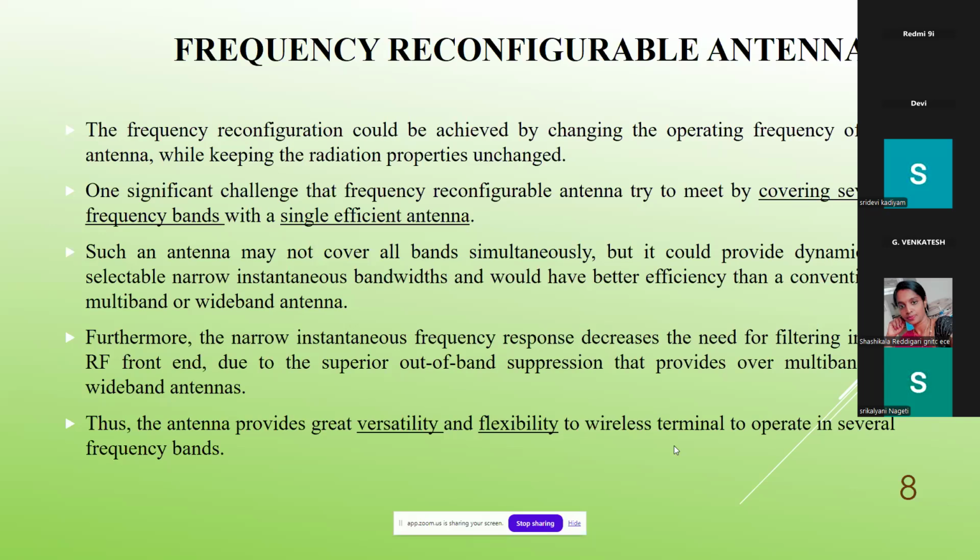Furthermore, the narrow instantaneous frequency response decreases the need for filtering in the RF front end, due to the superior out-of-band suppression it provides over multiband and wideband antennas. Thus, the antenna provides greater versatility and flexibility to the terminal to operate in several frequency bands. These are all the properties of reconfigurable antennas.